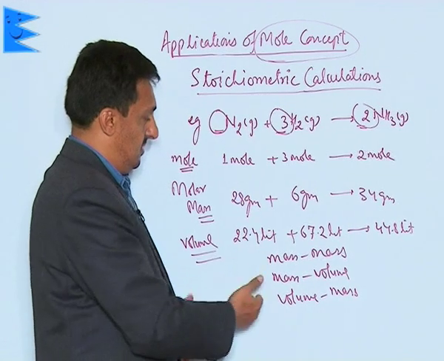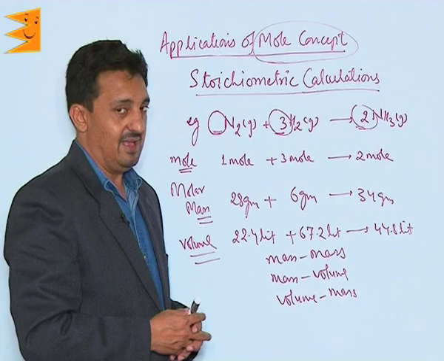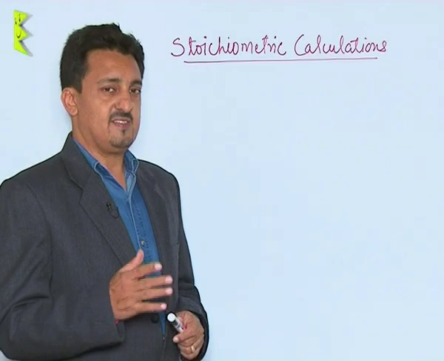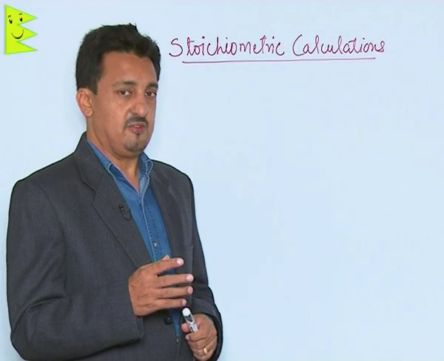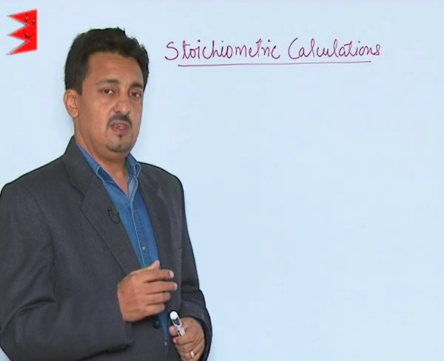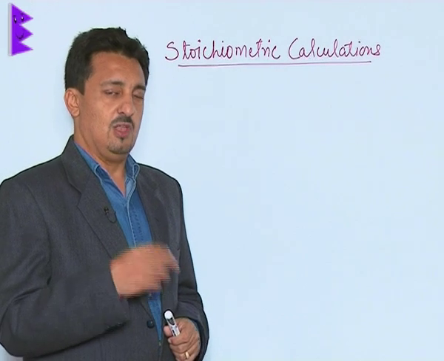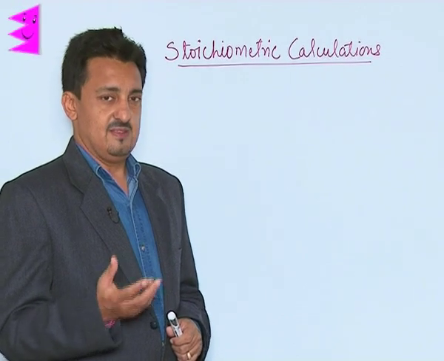So these are the basics. Now let us understand stoichiometry by taking certain examples. After understanding the importance of stoichiometry, let us do some numericals to understand how we can have a mass-volume or volume-mass relationship like this.